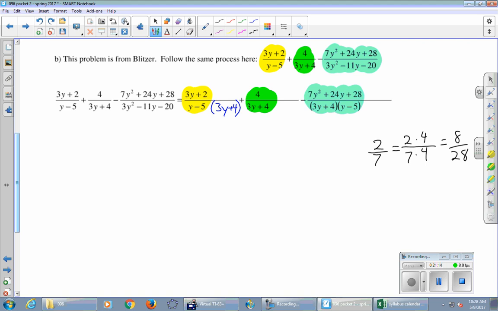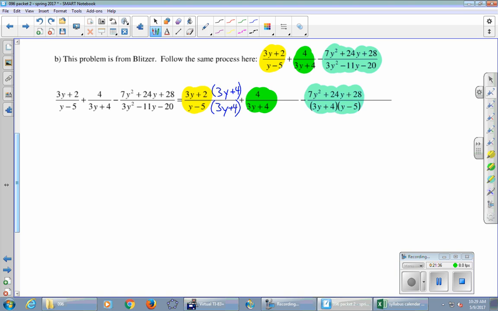Is that equal to the 2/7? Sure it is. And so that's how we're going to build our common denominator, is we're going to multiply top and bottom by whatever is missing in the bottom. So you put the 3y plus 4 in the bottom, because that makes the denominator better. And then you put the 3y plus 4 on top because you have to, because you just put it in the bottom.